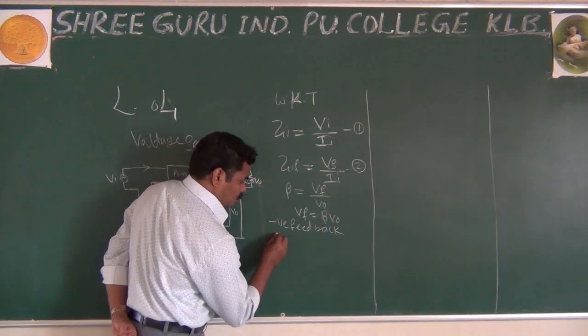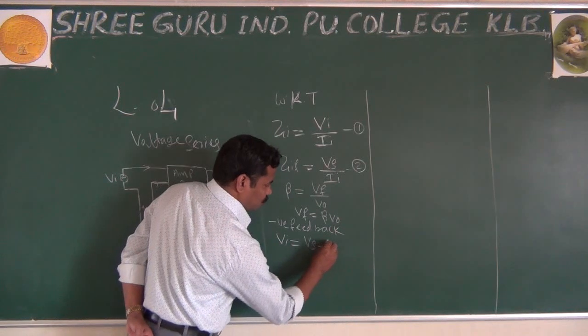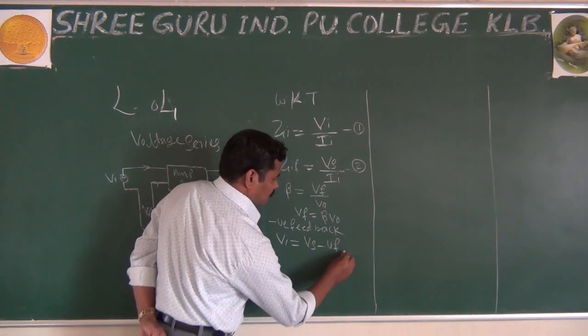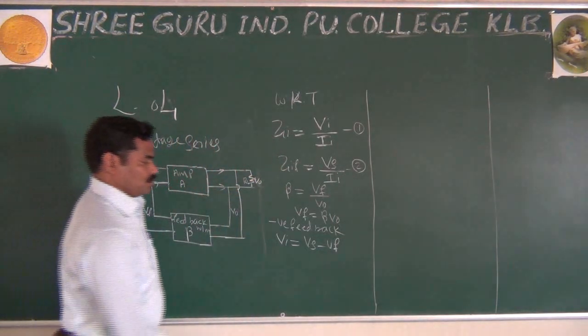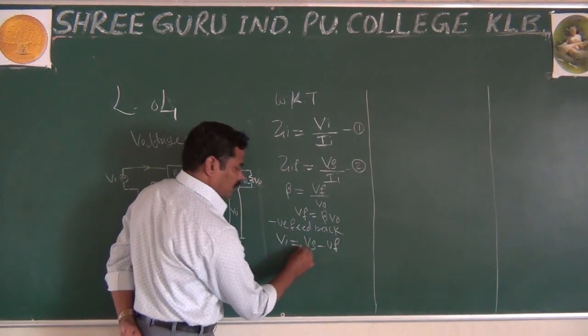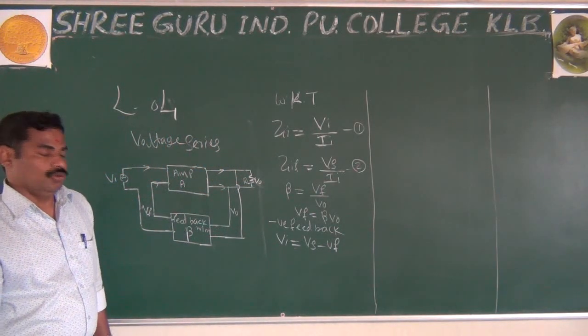The input voltage Vi equals Vs minus Vf, the standard equation, because applying negative feedback reduces the input voltage.